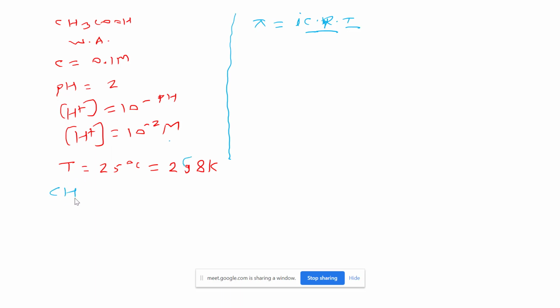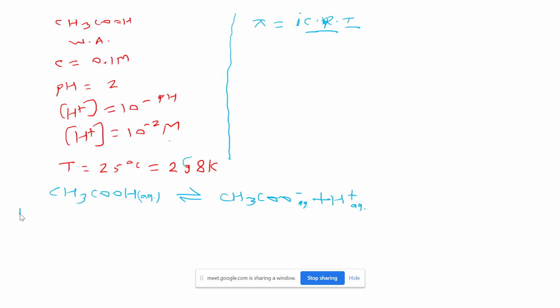For calculation of van't Hoff factor, just write the equation: acetic acid aqueous goes to acetate ion plus H plus ion. This is aqueous, this is also an aqueous species.